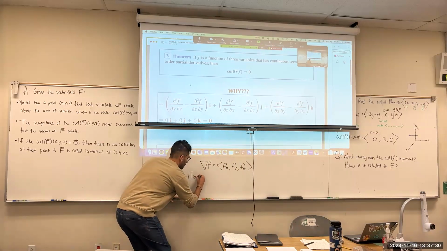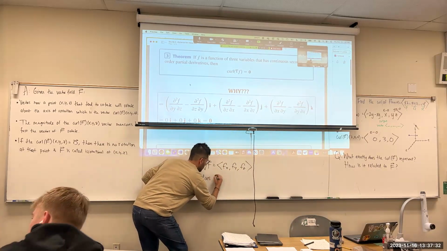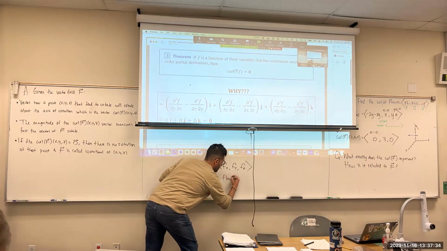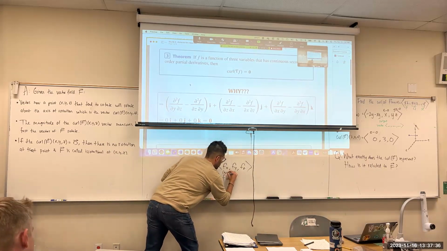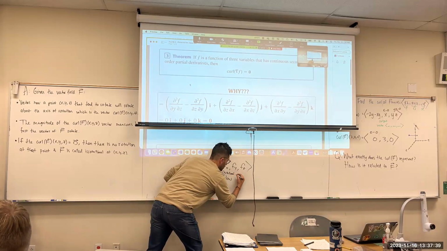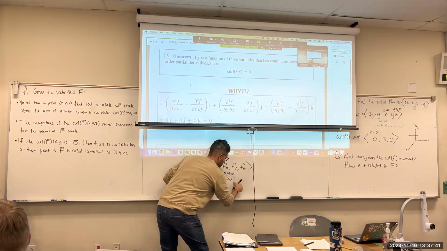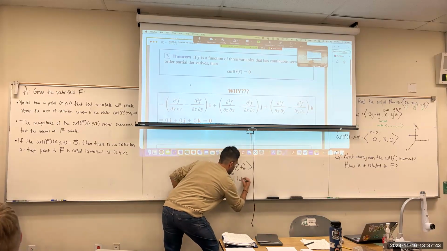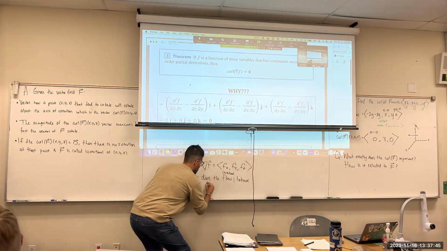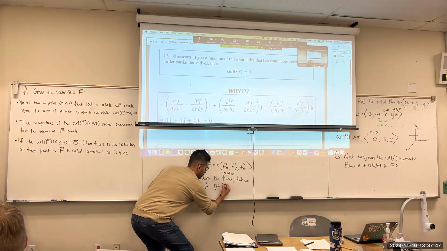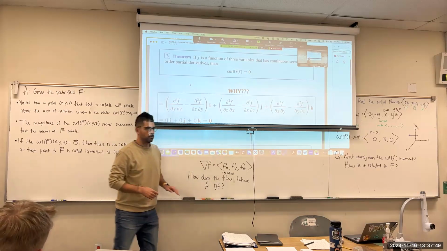So how does the rotational flow behave for a gradient vector field? That's the question.